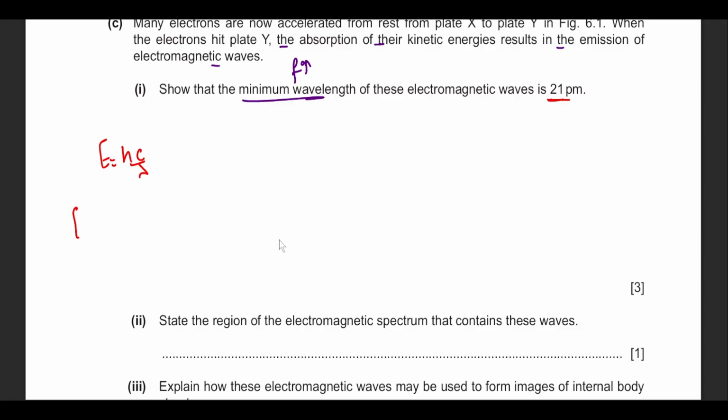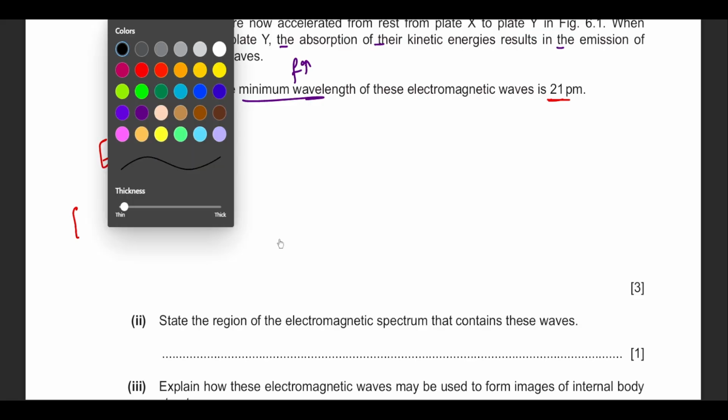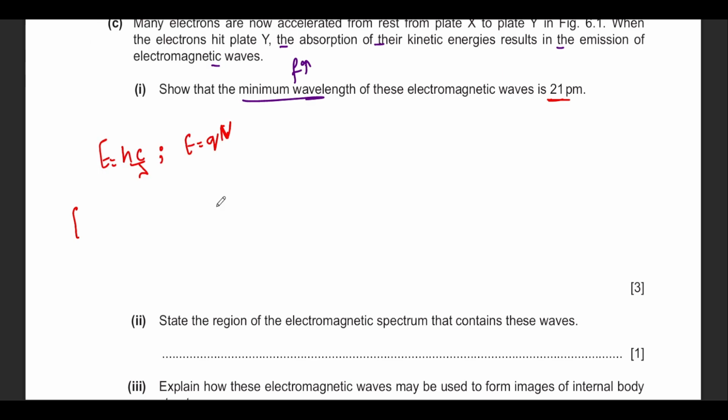hc by lambda, and we have energy equals to QV, sorry. So I'm going to equate both of these equations, because I'm interested in the wavelength.